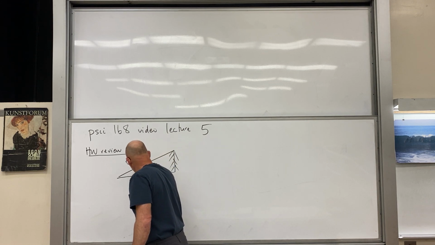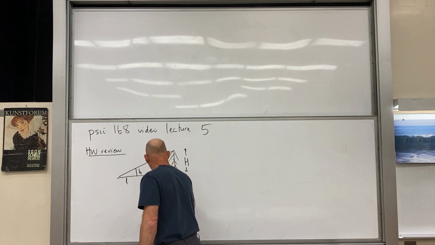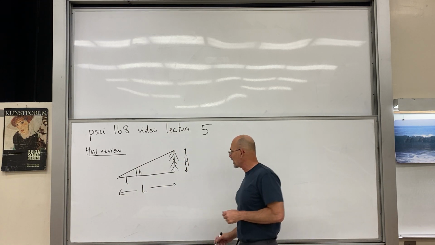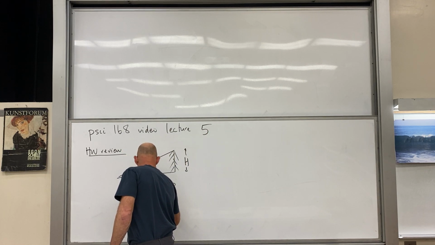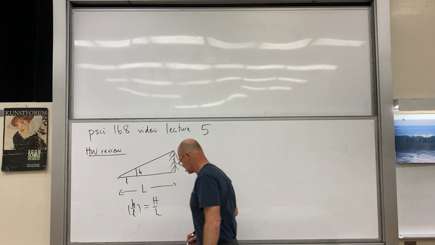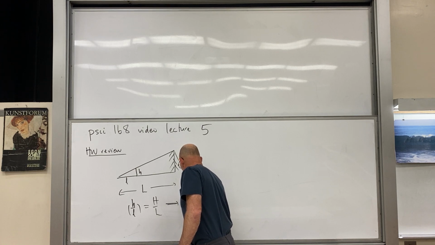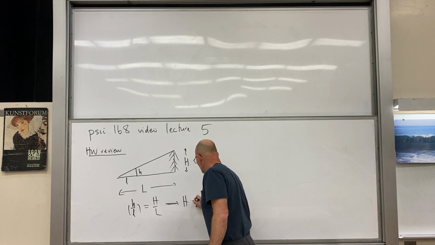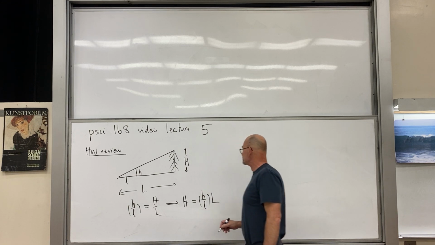Originally we had lowercase h and L, and the height of the tree is uppercase H and uppercase L. By the property of similar triangles, this lowercase h over L is equal to this uppercase H over L. And we just have to solve for H by cross multiplying, or multiplying both sides by capital L. So what we have is h over L, this ratio, times capital L.